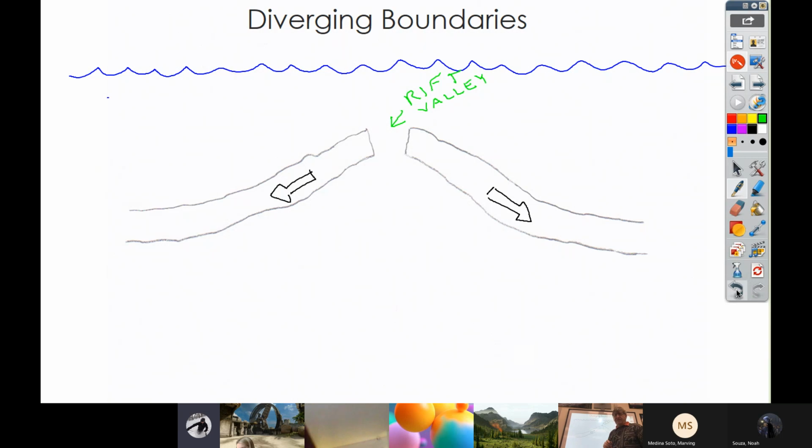So we call that the Rift Valley. This whole zone that's been lifted up, I'm going to show that up here with a bracket. Where it's been lifted up, this whole thing is called the Mid-Ocean Ridge. It's an underwater mountain range.